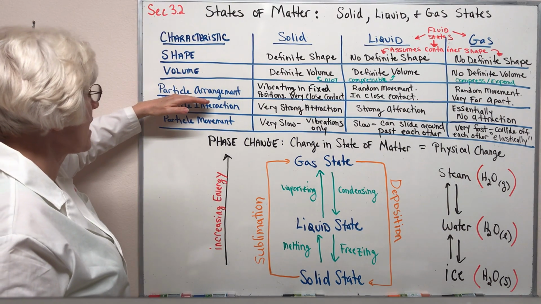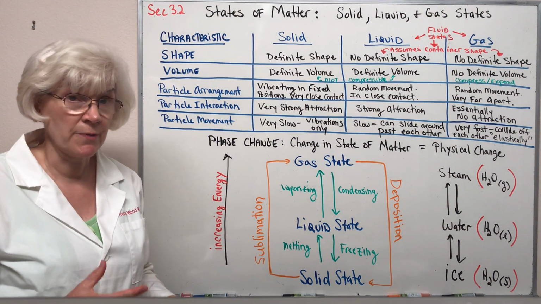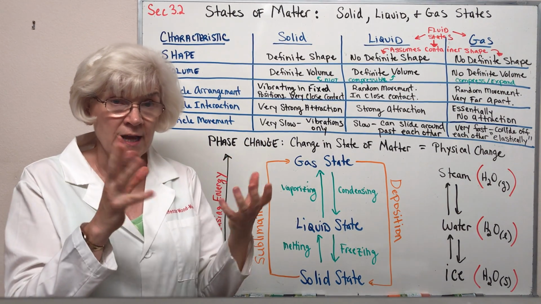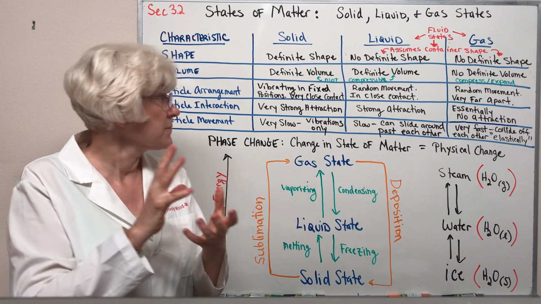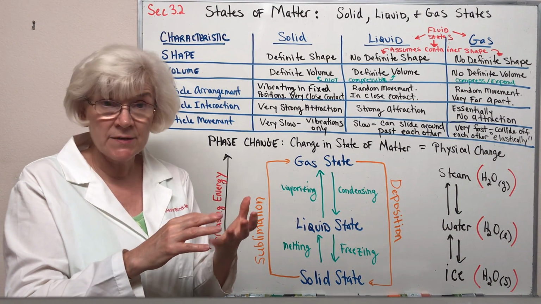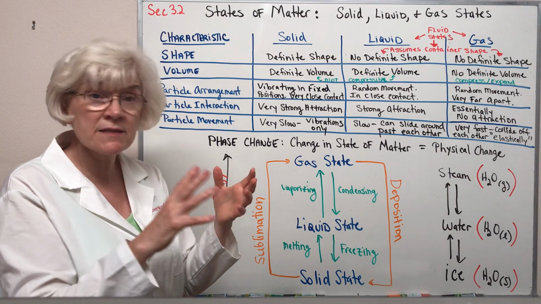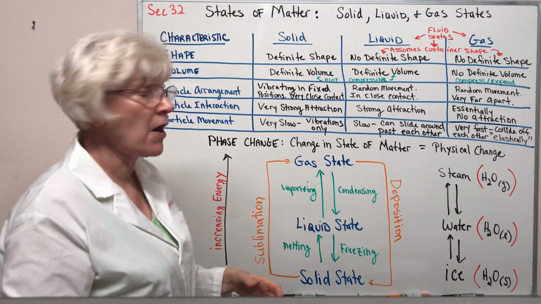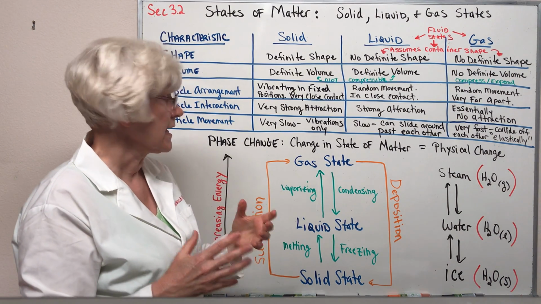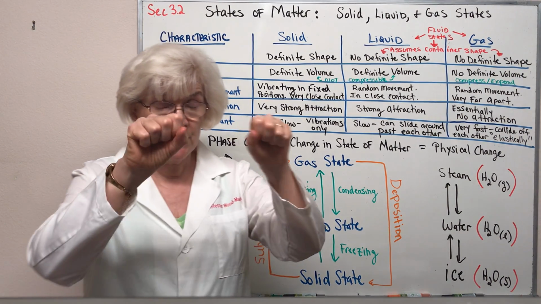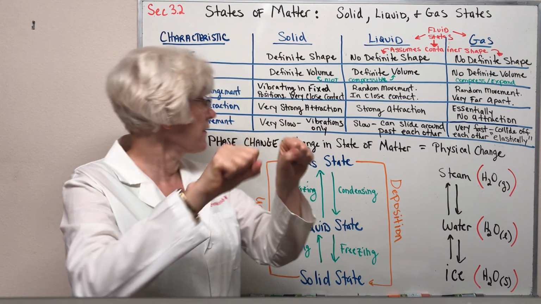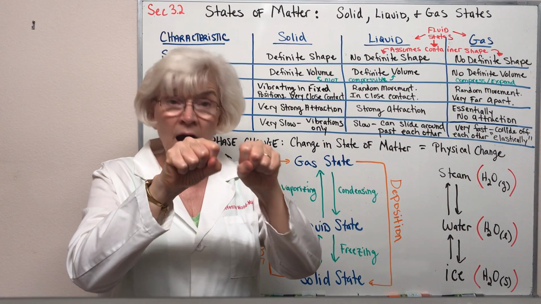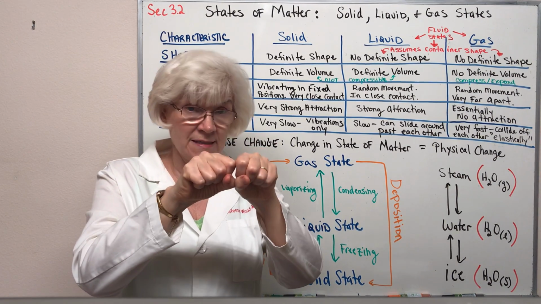Let's take a look at the next characteristic, which is particle arrangement. If we could have this superhuman vision and look at the particles that make up matter, either atoms or molecules or ions, what would we see? If it was a solid, we would see that these particles are vibrating in fixed positions. So the particles of matter are in very close contact, but they are not able to move around past each other.